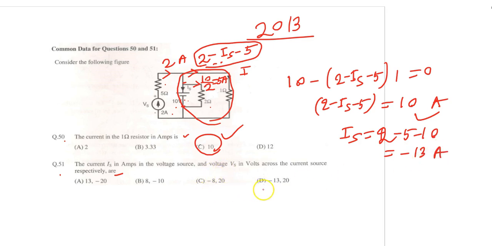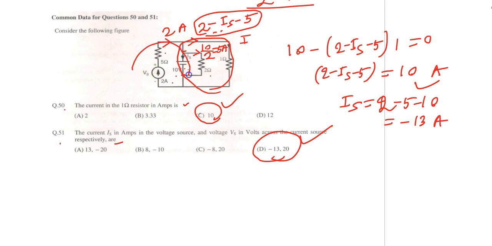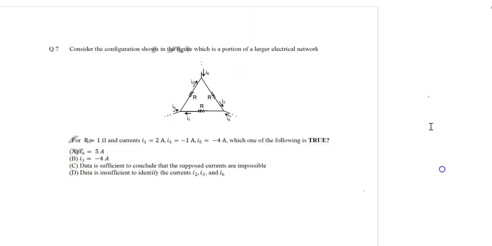Minus 13 ampere, only option C. So this is the answer. I am not going to calculate Vs. You apply the KVL around this. So Vs is equal to, traversing this way, 10 plus 5 into 2, that is 20 volt.